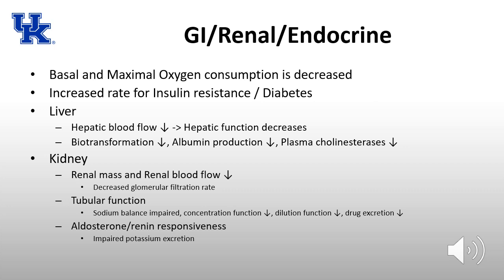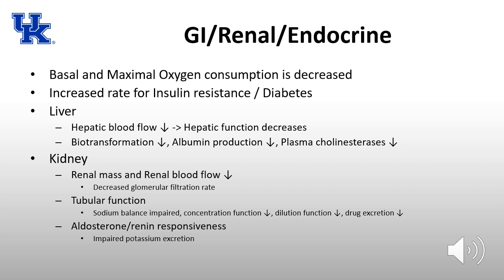Biotransformation is reduced, albumin production is reduced, and also one important enzyme for us, plasma cholinesterase production, is also seen to be reduced. All this gets aggravated as elderly patients also are more prone to malnutrition.